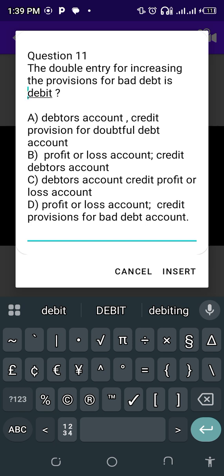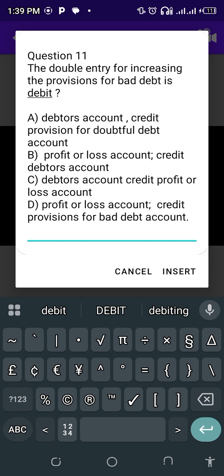And so we need to debit the profit and loss account. When provisions are increased, it increases the expenses, and the expenses are treated by the debit side of the profit or loss account.